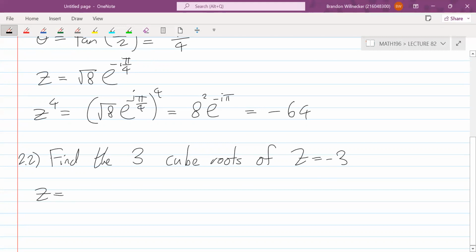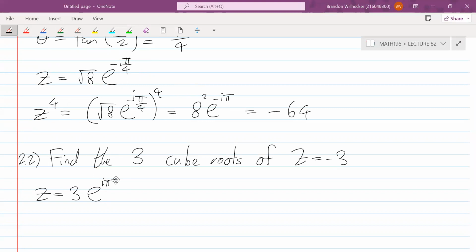The magnitude of z is just 3, and the phase is going to be pi, because this minus 1 term in front can be written as e to the iπ. So it's going to be 3 e to the iπ. Okay, that gives us our minus 3 back.